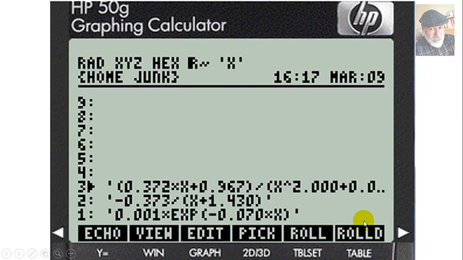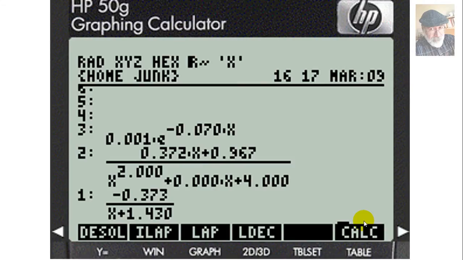It will take those 3 entities in the first 3 levels, the ones I have selected. I could have selected 4 or 7 or whatever, and we'll roll them down. Now the one that was in level 2 is in level 1, level 3 is now level 2, and level 1 is now on level 3. It rolled them around.